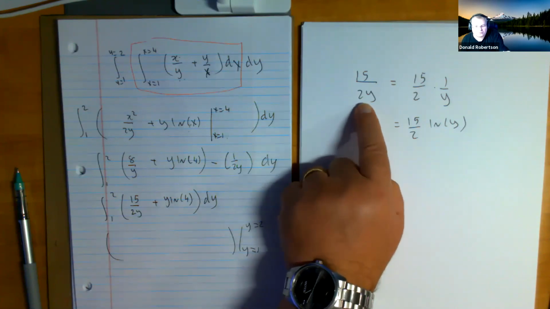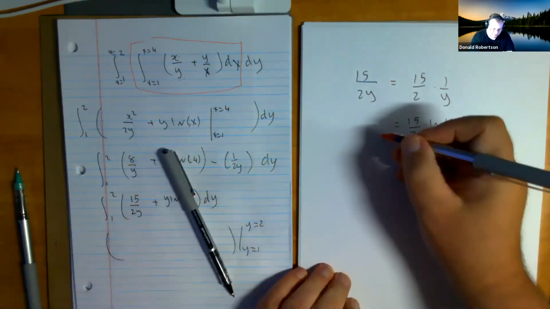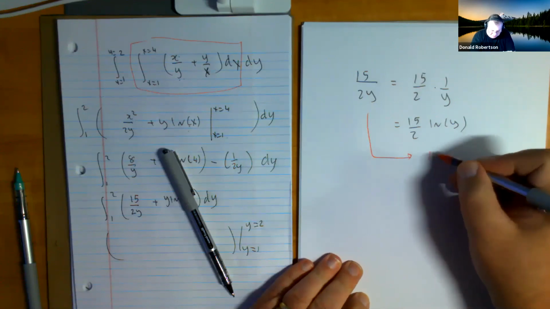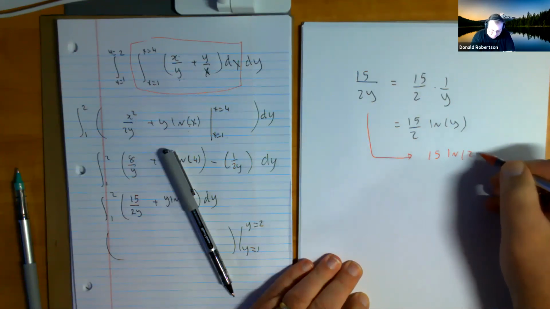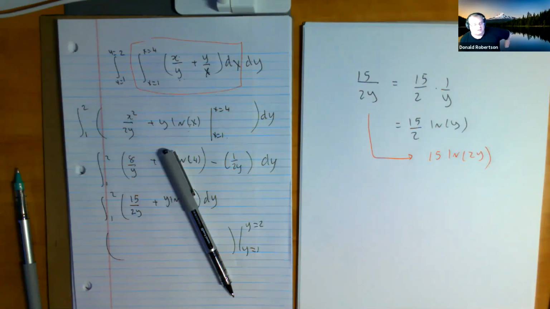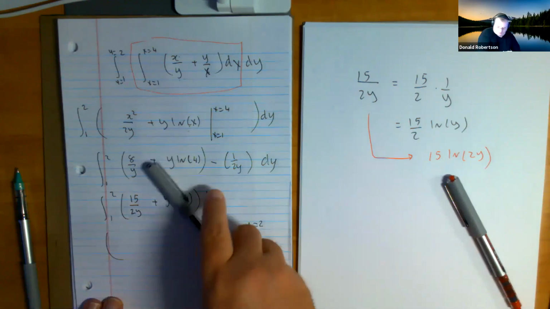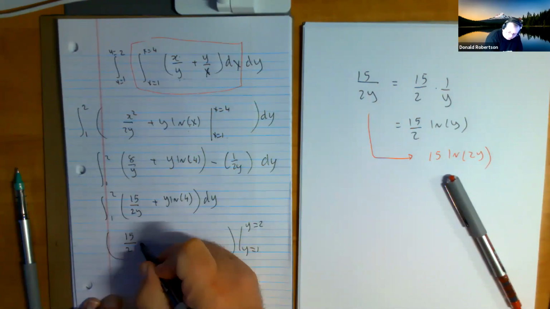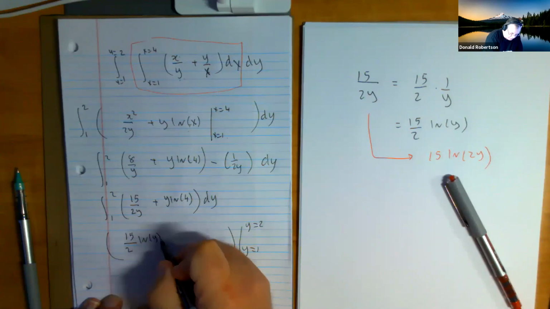If you're not careful, can you see that you might misinterpret the antiderivative of this? Like, I don't know, like that mistake. Can you see why someone might come up with that? It's wrong, but I can see why you might see that. So this fella is 15 over 2 natural log of y.